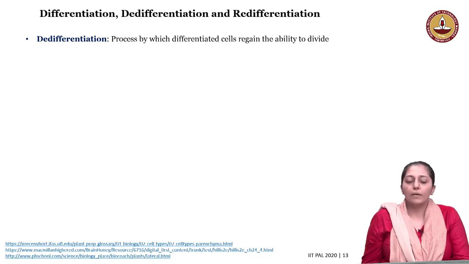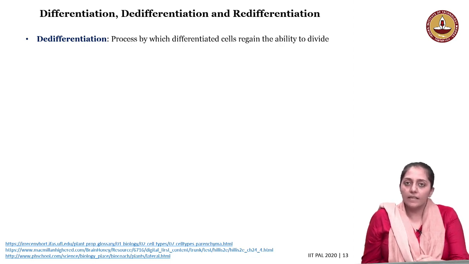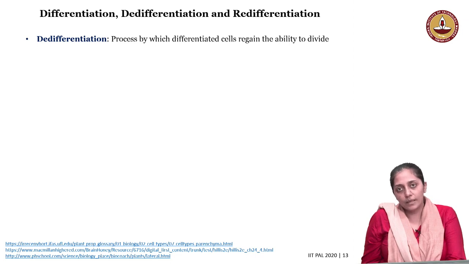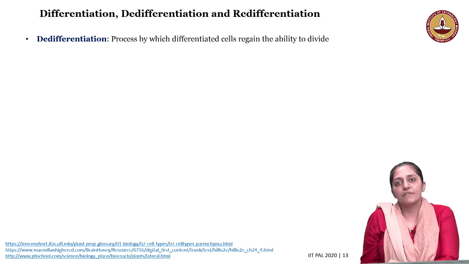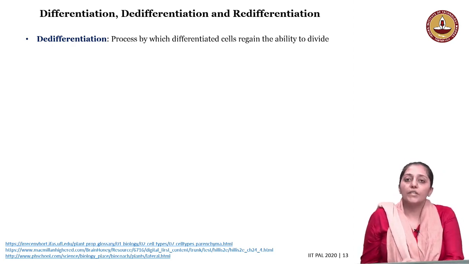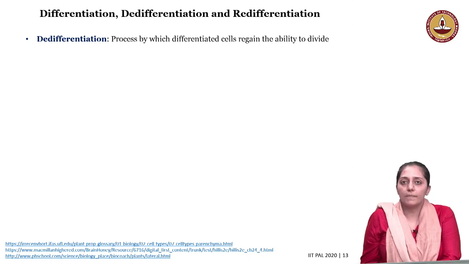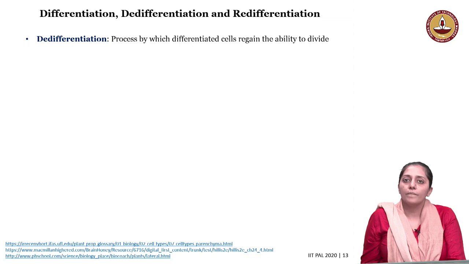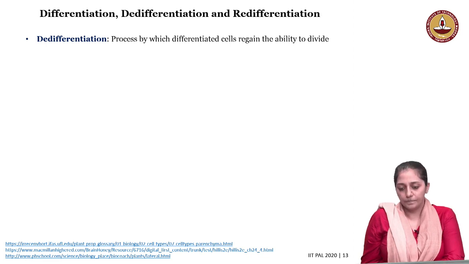When I was talking about differentiation, I said that the actively dividing cells stop dividing, lose the capacity to divide and in the process mature to perform a specific function. Now, in case of dedifferentiation, a matured cell which is performing a specific function will revert back to a stage of meristematic activity, which means it will start to continuously divide.